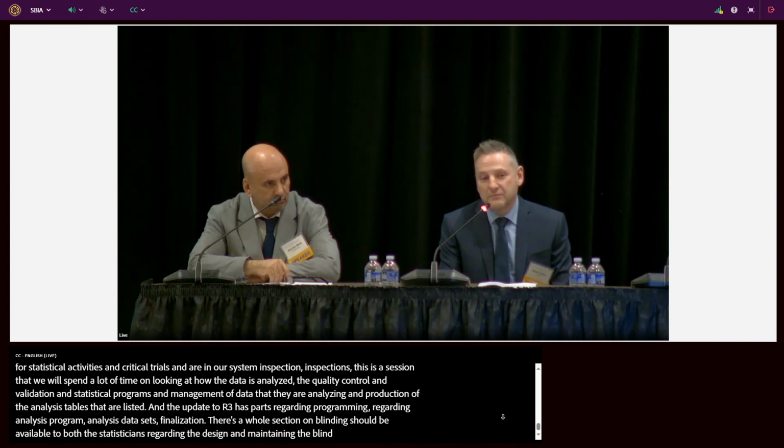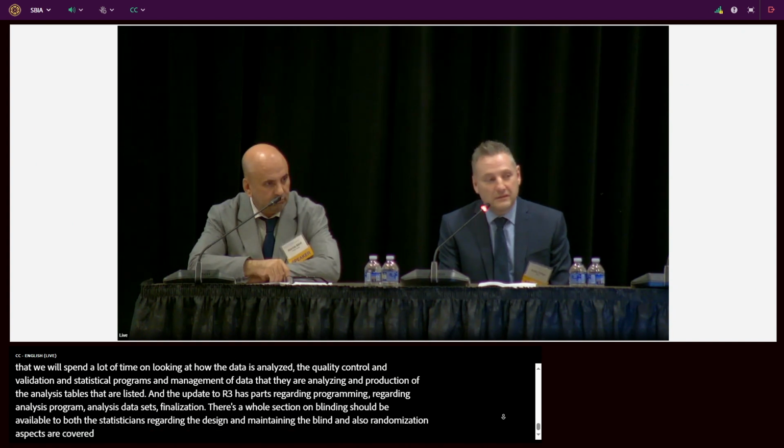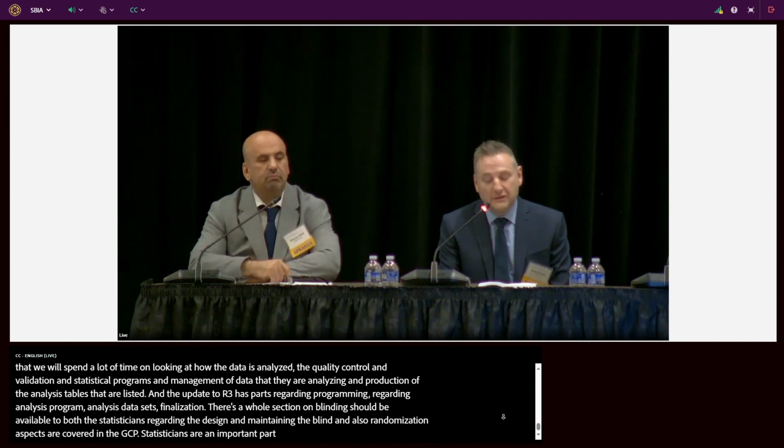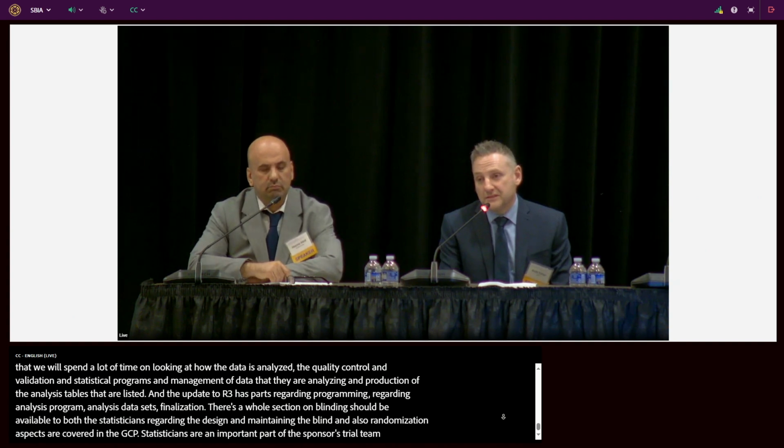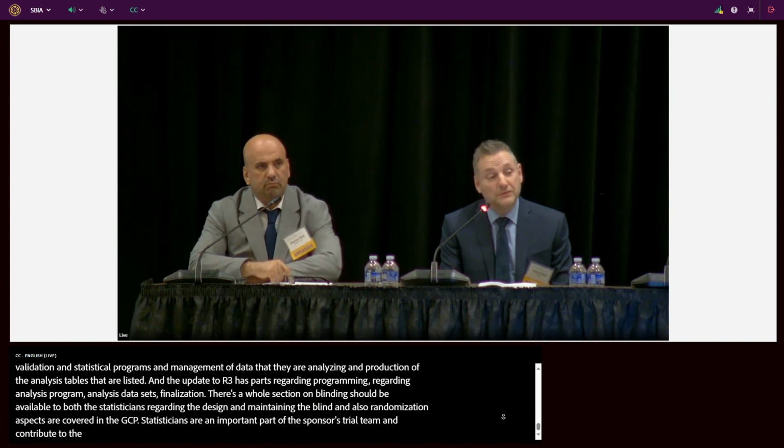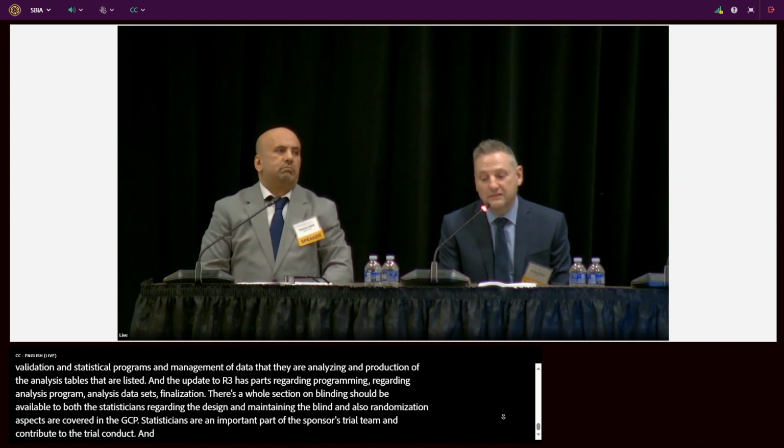So statisticians are an important part of the sponsor's trial team and contribute to the trial conduct, and therefore they should be trained in GCP and apply GCP principles to the activities that they're undertaking.